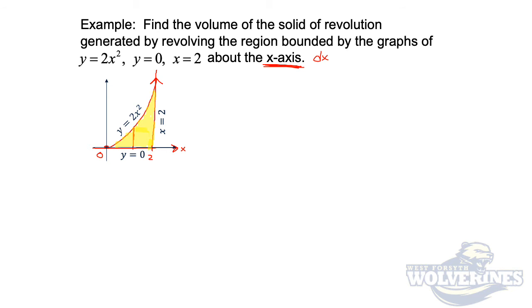Y equals 0 is the x-axis. And x equals 2 is just a vertical line. So we can see, I've highlighted here, the region bounded by those three curves. And we are going to be revolving that around the x-axis to form a shape.